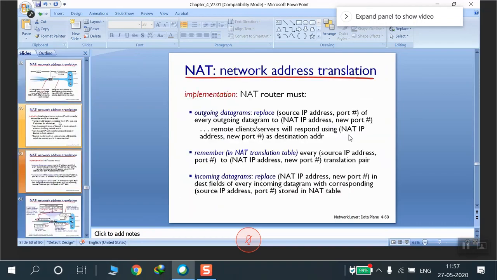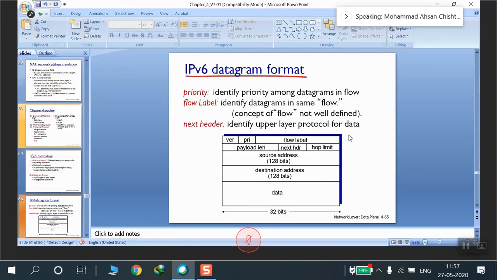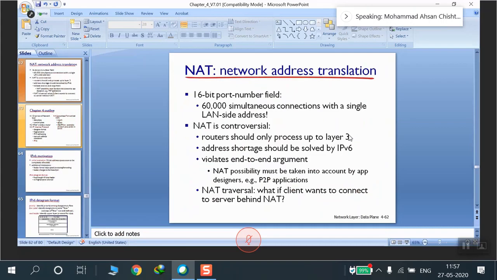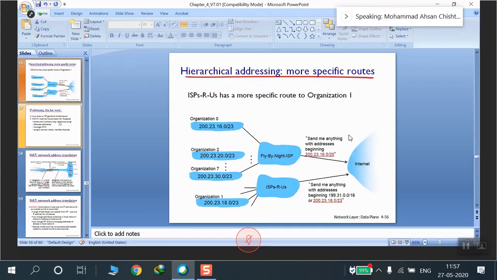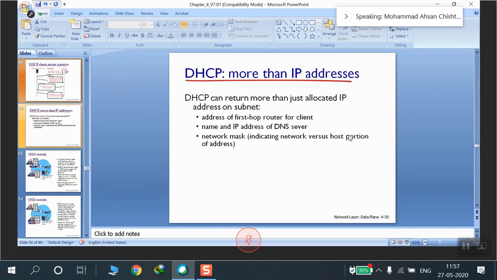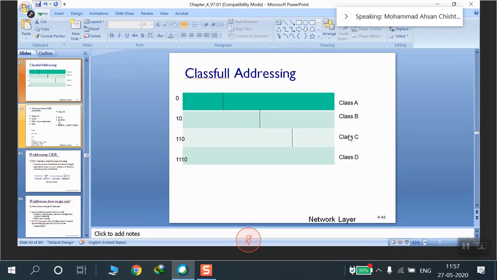Before we go to IP addressing in NAT, there would be typical questions asked, like there's an IP address, and you have to tell what class of IP address it belongs to. We took these classes here, classful addressing. We mentioned that from 0 to 127, and 128 to 191, is the first byte.